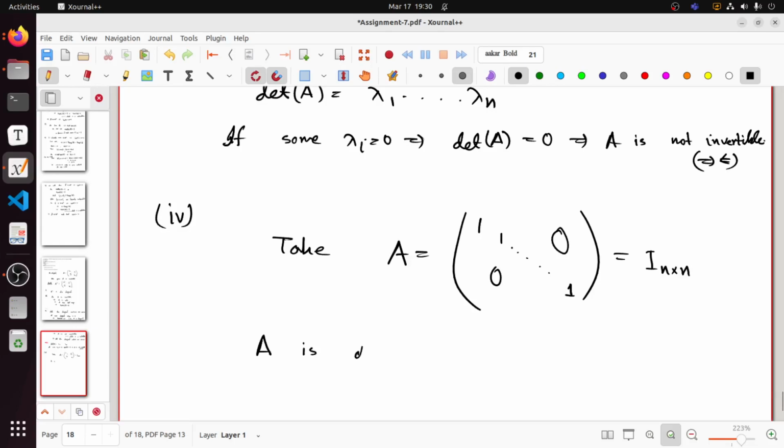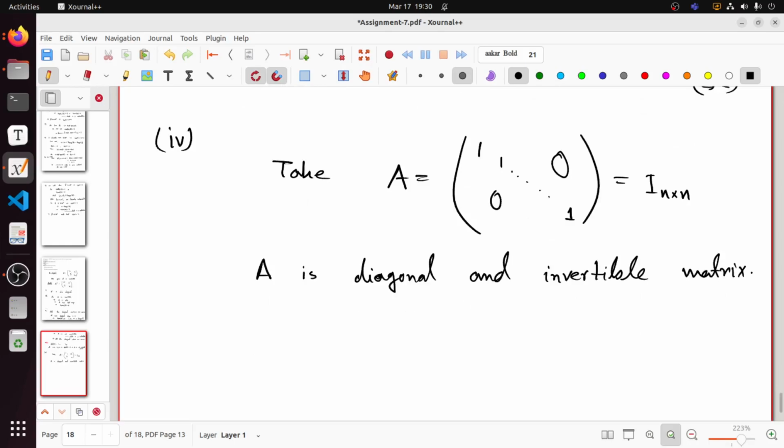A is diagonal, an invertible matrix, right? But the trace of A is non-zero, right? So the trace of A may be non-zero. So this may not be true always.